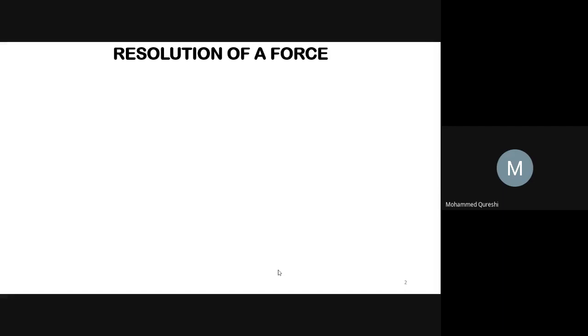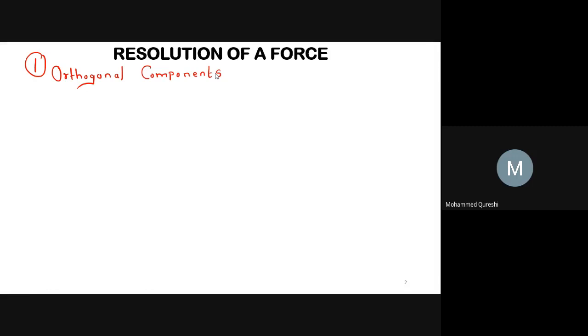So, there are two types of components. First is orthogonal components and second is non-orthogonal components. First, we will go through orthogonal components.